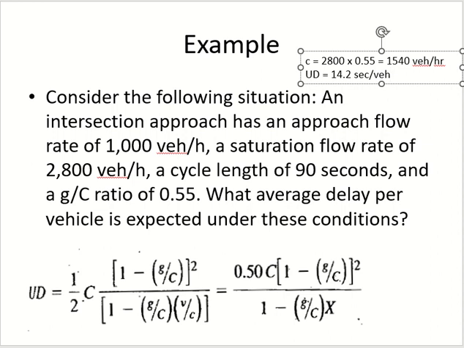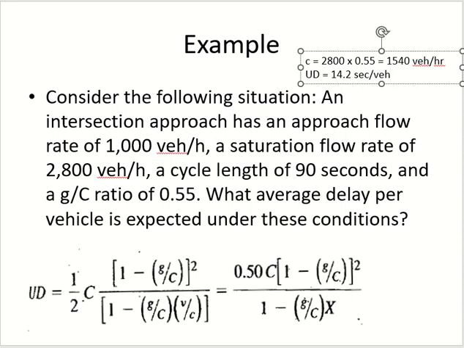This is the value I got from the other section, so this should be correct. So I wrote seconds per vehicle. Every vehicle is adding how much delay? 14.2 seconds. And why am I saying every vehicle is adding the same amount of delay? Because I am calling it uniform delay.